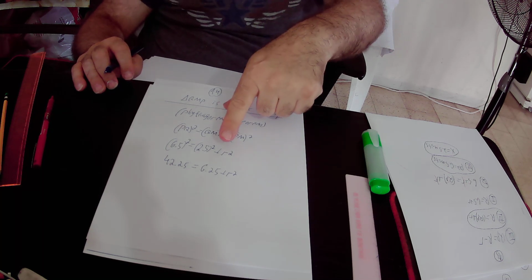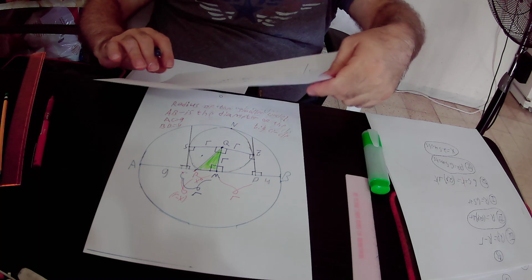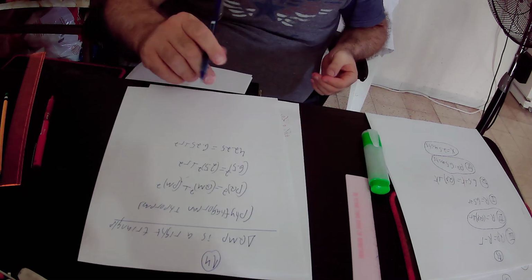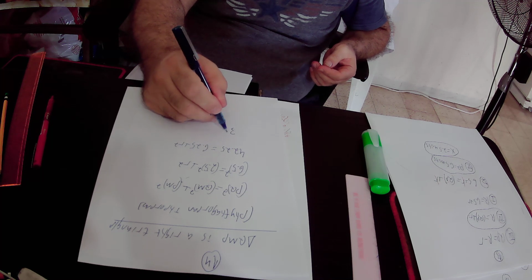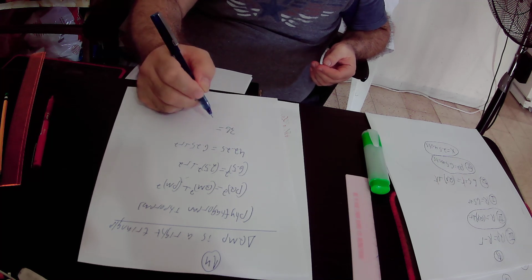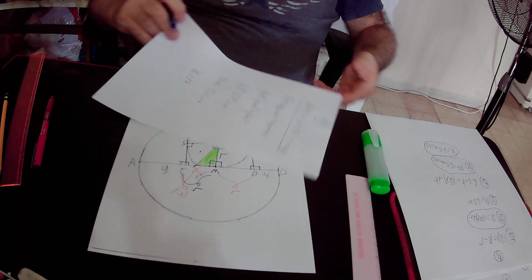Here we can subtract 6.25 from this equality. We'll get that 42.25 minus 6.25 is 36. So 36 equals r square.